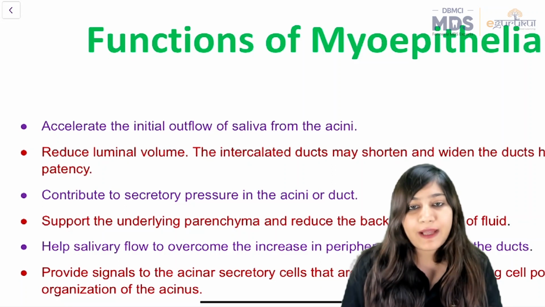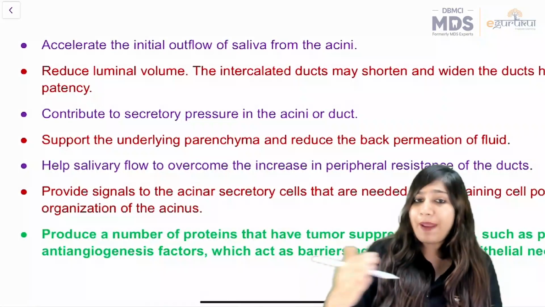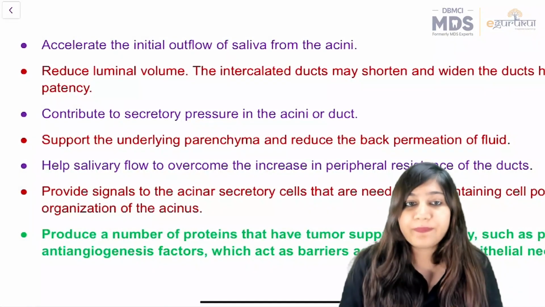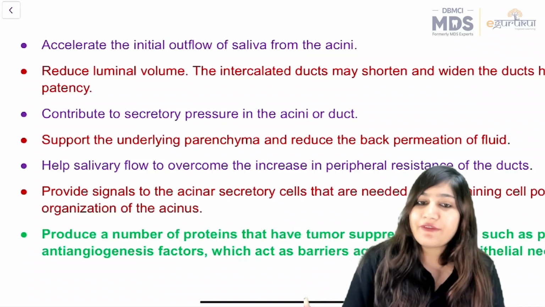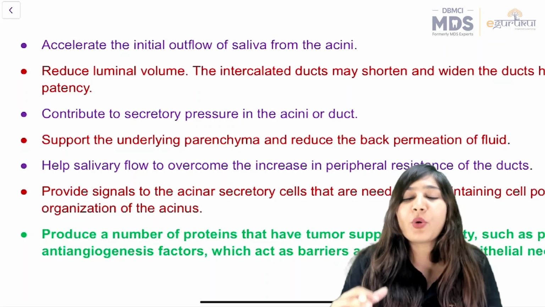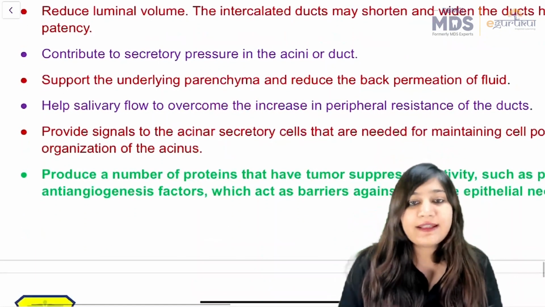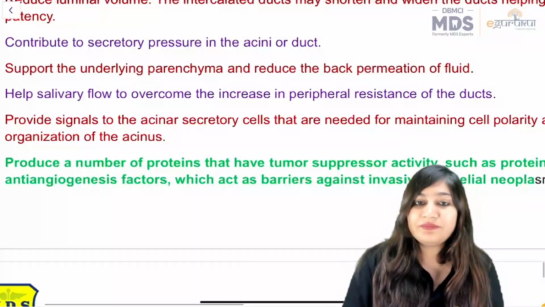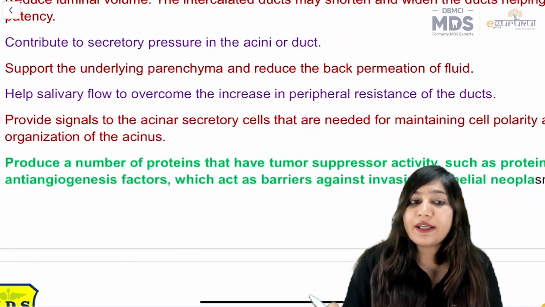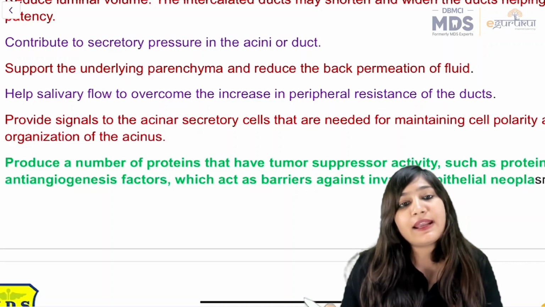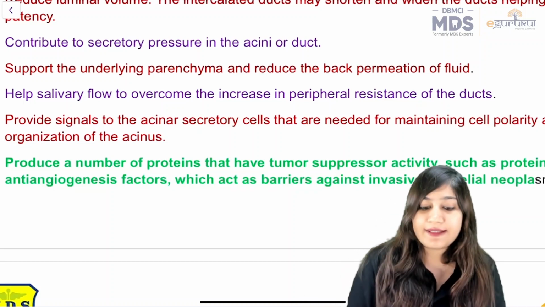Support the underlying parenchyma and reduce the back permeation of the fluid. Help salivary flow to overcome the increase in peripheral resistance. It provides signals to the acinar cells and mainly they help in maintaining the cell polarity and organization of acinus.